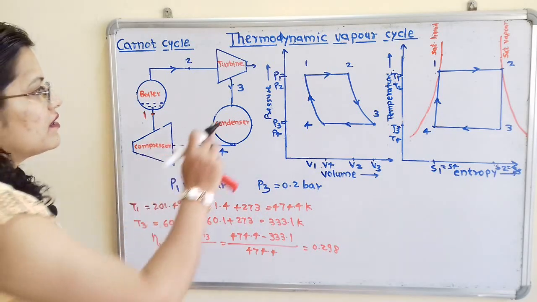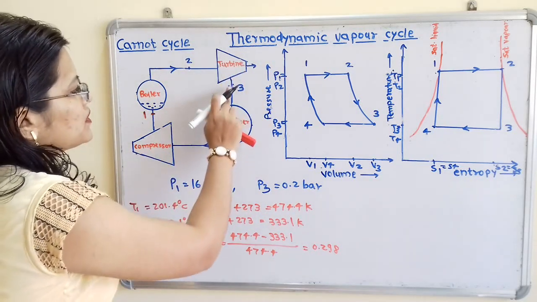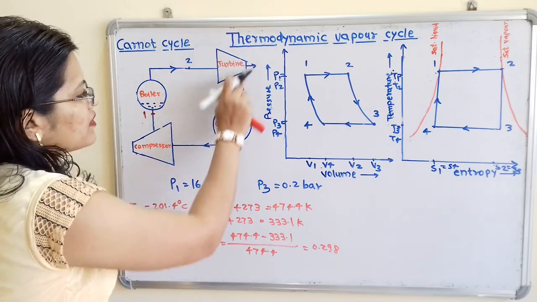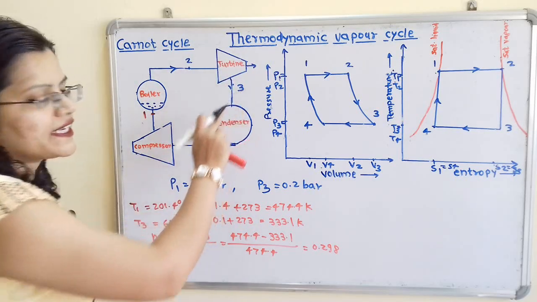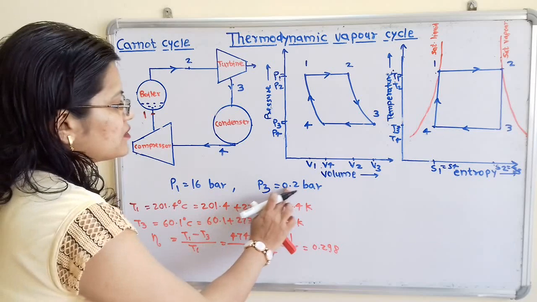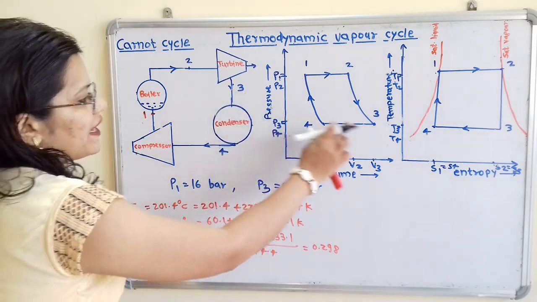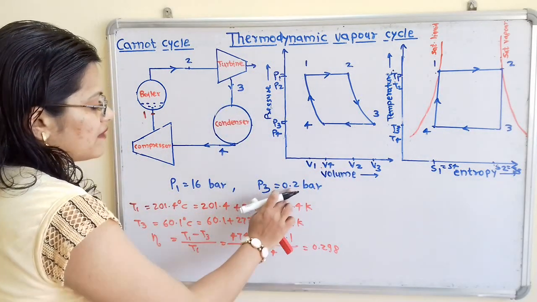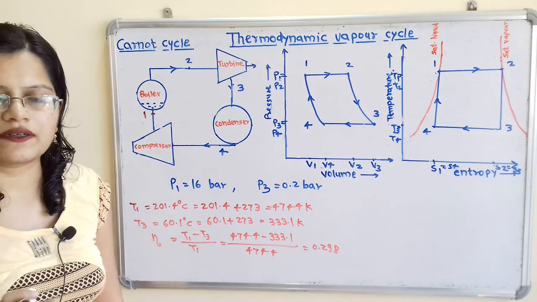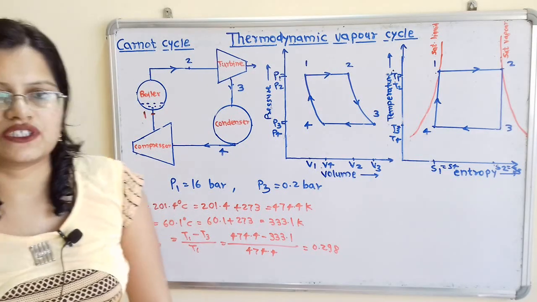So here when the expansion process is taking place, and after this expansion at point 3, what is the pressure? That is 0.2 bar. So we can say that P3 is equal to P4 and which is equal to 0.2 bar. And we have to find out efficiency.